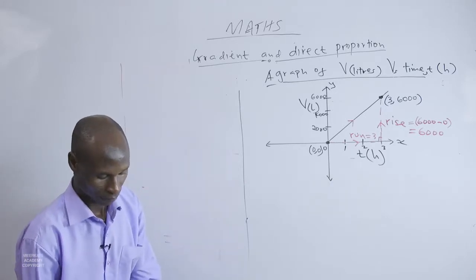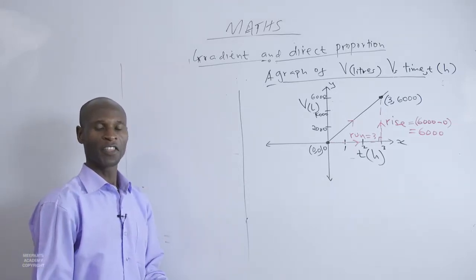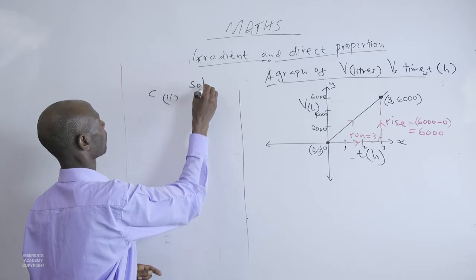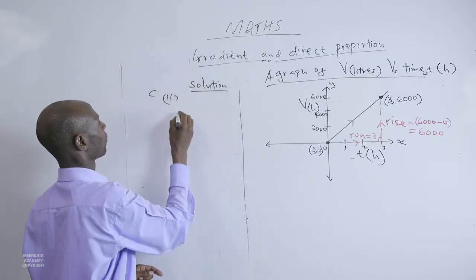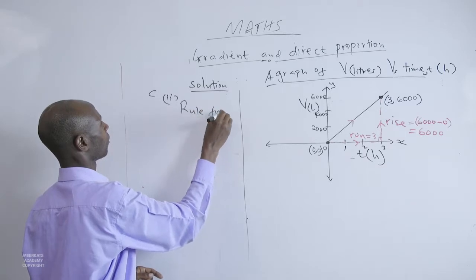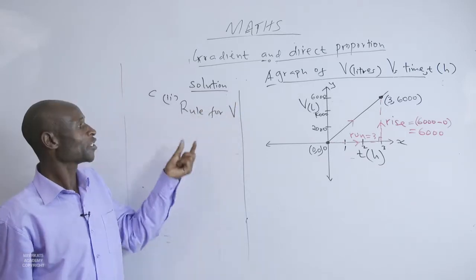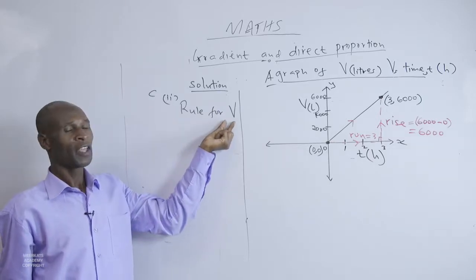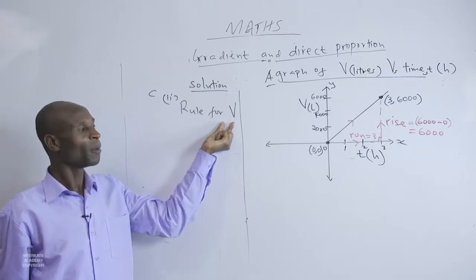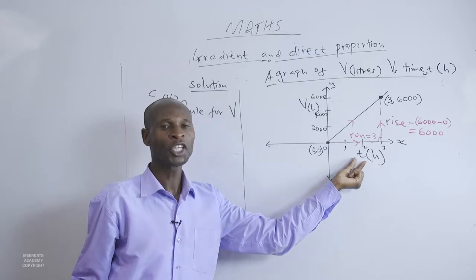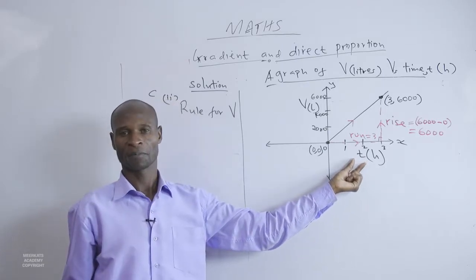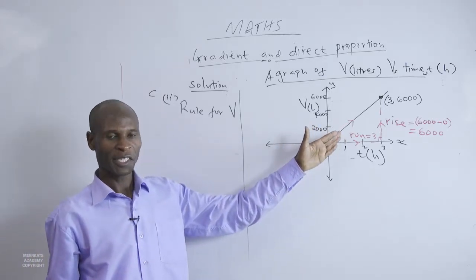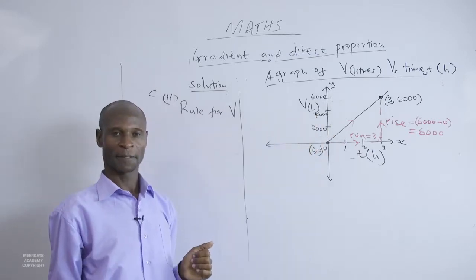Next, we now find the rule for V. We need to establish the rule connecting the variable V, which is volume, and the variable T, which is time in hours. From the graph, we notice that the graph is a straight line.